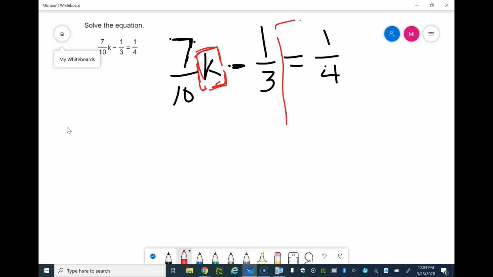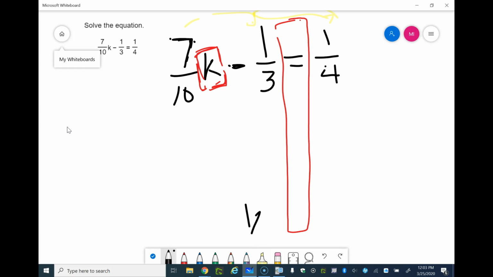And let me put on my wall. So we already kind of know this guy has to come over here. This 1/3 needs to come over here, and this 7/10 needs to come over here also. That way K can be by itself at the end of the problem.